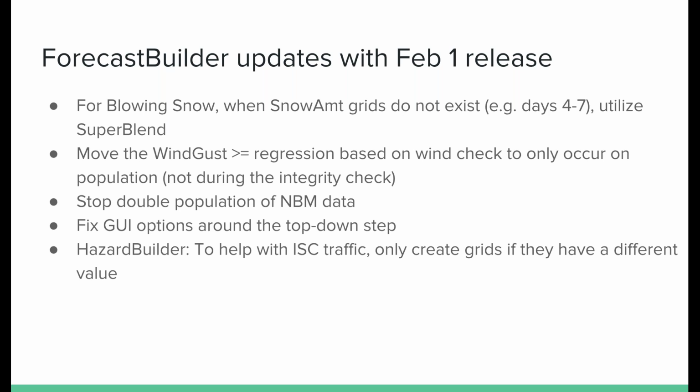Feedback about moving the wind gust regression to the start of population, not during the integrity check, because sometimes during the integrity check you're like, what, I adjusted the gusts down and now they're bumped back up. That's not what I wanted. So that's been adjusted.